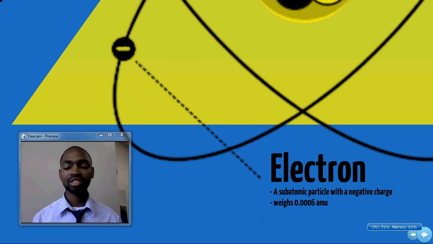So 6 10,000ths of an atomic mass unit. So the electron is very, very small, and it has a negative charge. It's seen here as a little black circle going around the nucleus with a negative sign on it, which shows that it has a negative charge.